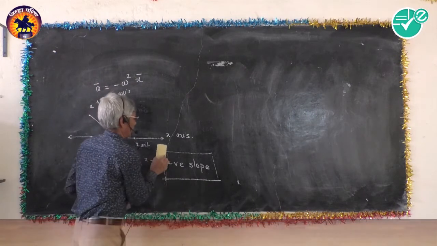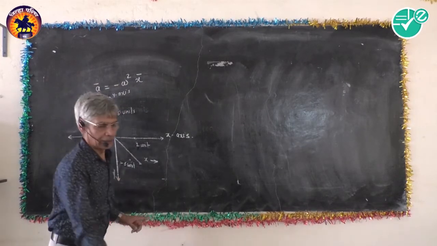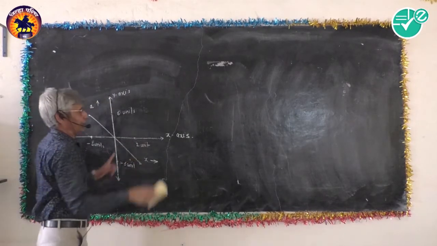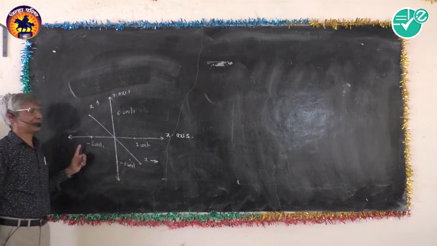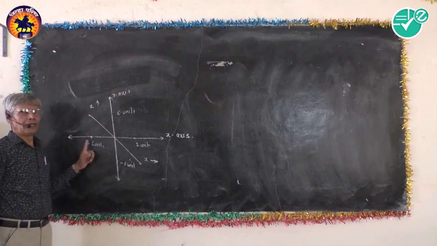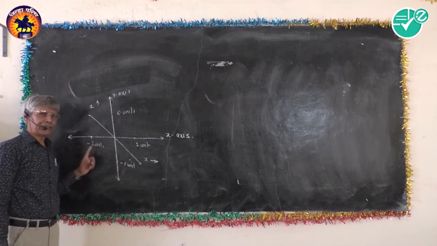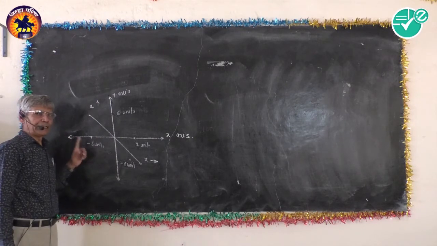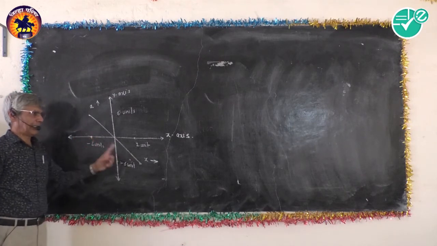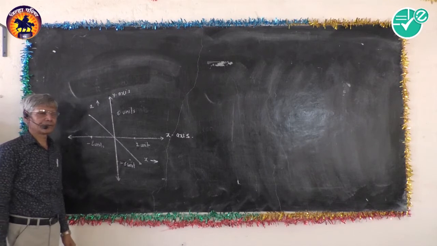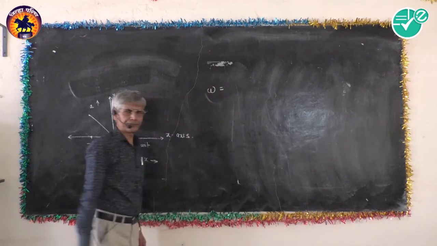Suppose a figure is given like this, as shown on the board. It is asked that a particle is performing linear SHM, in which the linear acceleration of the particle varies with x as shown in the figure. What is the angular frequency of the linear SHM?